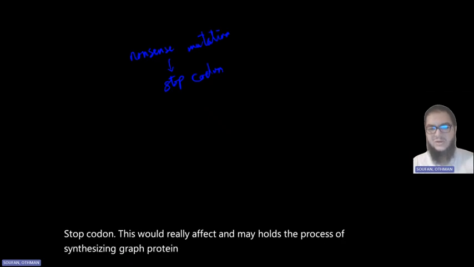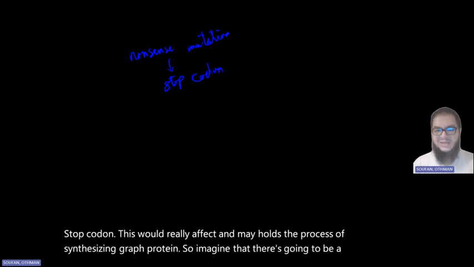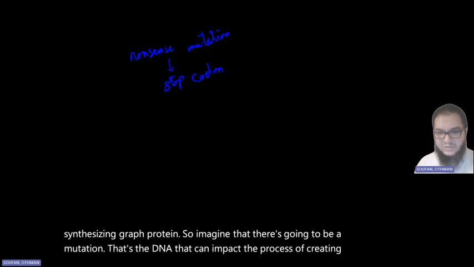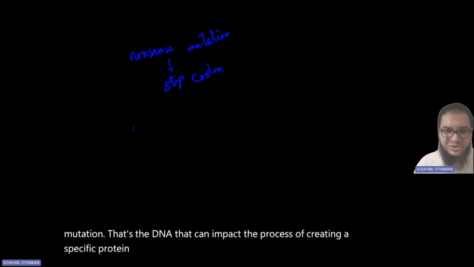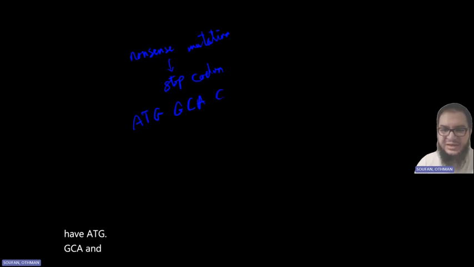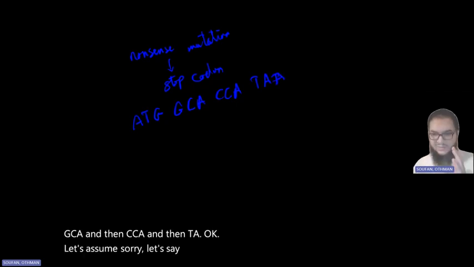So imagine that there's a mutation in the DNA that can impact the process of creating a specific protein. Let me share an example here. Let's say we have ATG, GCA, CCA, and then TAA.